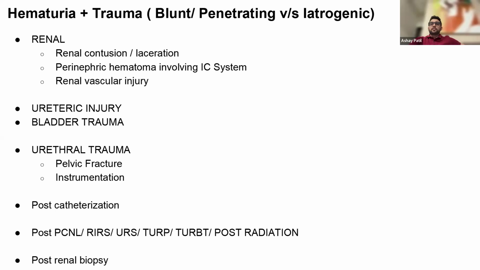I will check the hemoglobin, transfuse the patient, and maintain his hemodynamics, and also give fluids and transfusion as per requirement. And for hematuria, I will first do a bladder washout, and once the clots are out, then I will start continuous bladder irrigation. But there is active bleeding from some points in the bladder.